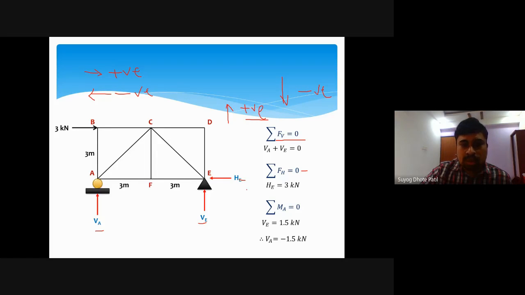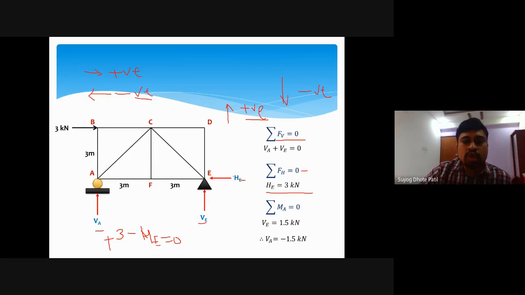So the equation will be: 3 is positive, so plus 3, whereas this He is the horizontal reaction heading towards the left-hand side, so it is taken as negative. So 3 minus He equal to 0. By simplifying this we can say He is equal to 3 kilonewton.